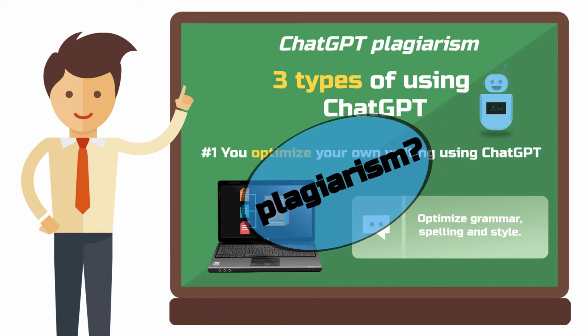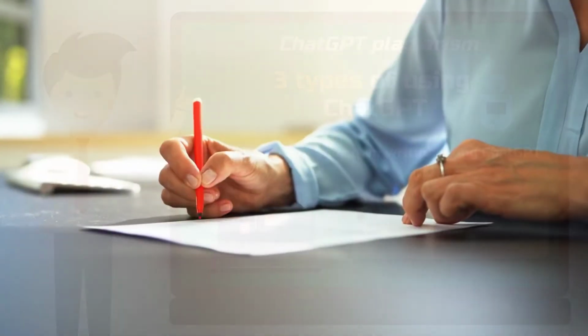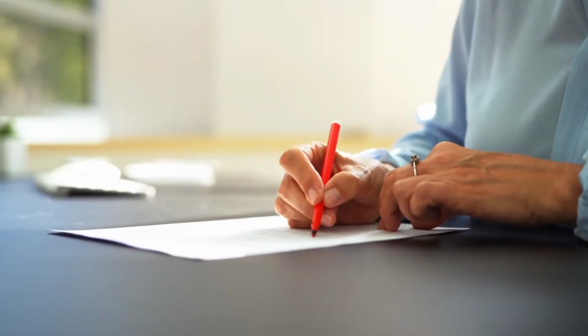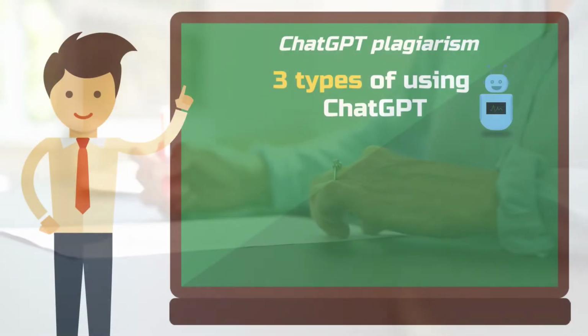Is this considered plagiarism? No. You are the intellectual author of the text and have indicated the references on which you base your argument correctly. This is not plagiarism. Grammar check software or human editors have existed for ages and do not lead to plagiarism either.